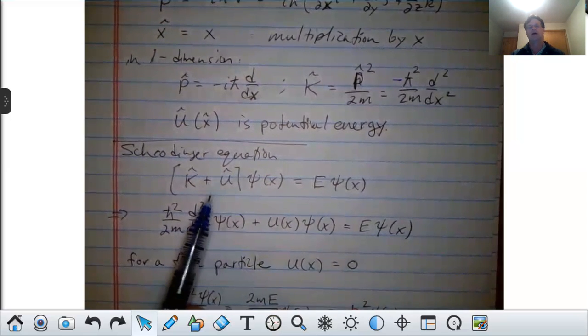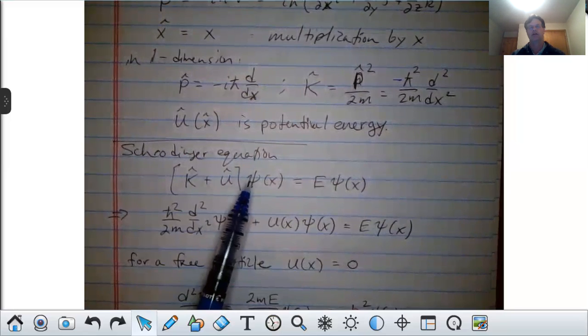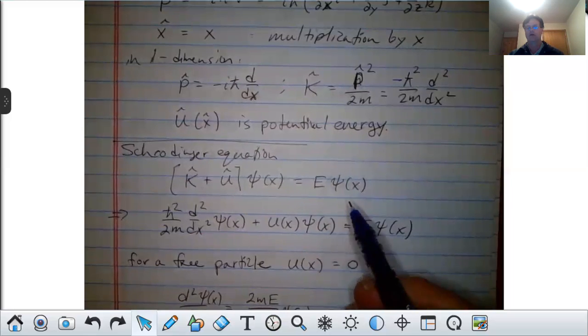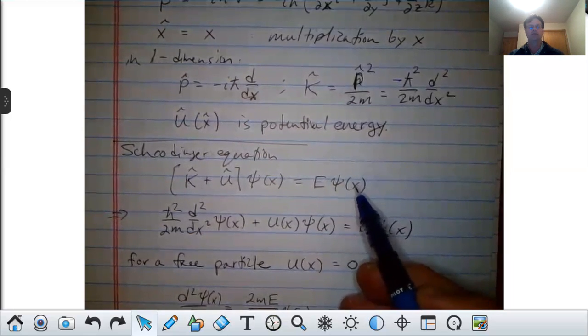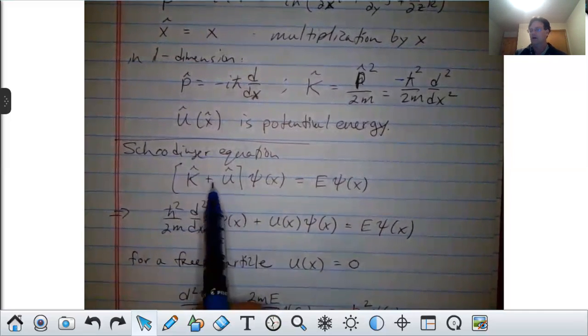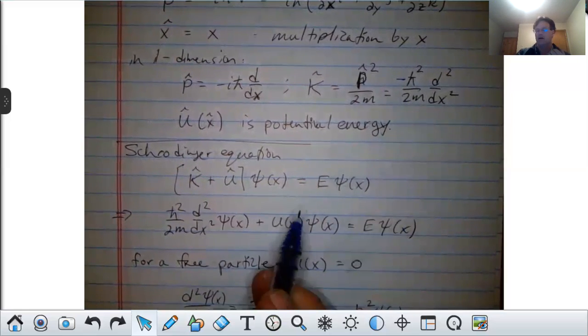And so what I mean by an eigenvalue equation is you've got an operator, it operates on a function. If it gives you the eigenvalues, you will get the eigenvalue times the function itself. And so often what happens, we have to solve this Schrodinger equation. Kinetic energy is always kind of the same, right? It's always this derivative operator.